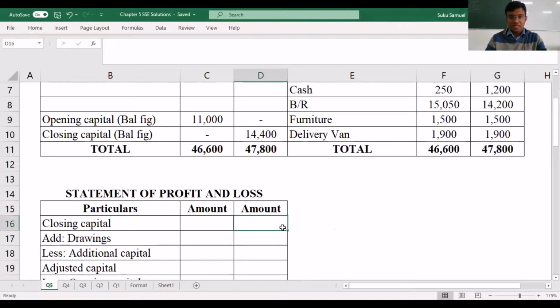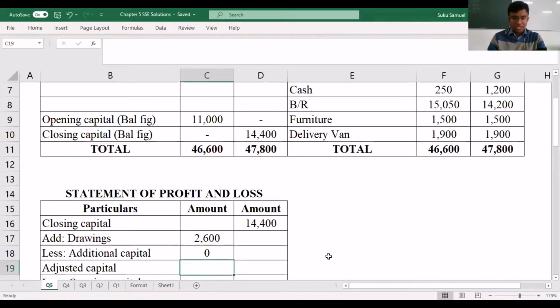The next statement that we have to prepare is the statement of profit and loss. In the statement of profit and loss, we start off with the closing capital. Closing capital is 14,400. To this, you have to add drawings. Drawings given to us in the question works out to be 2,600. Do we have additional capital?